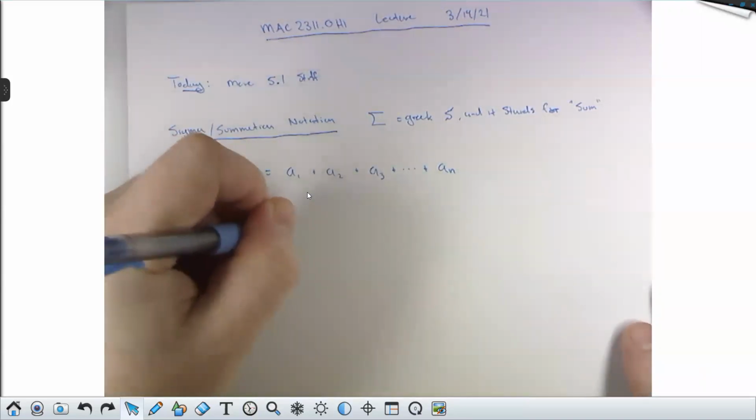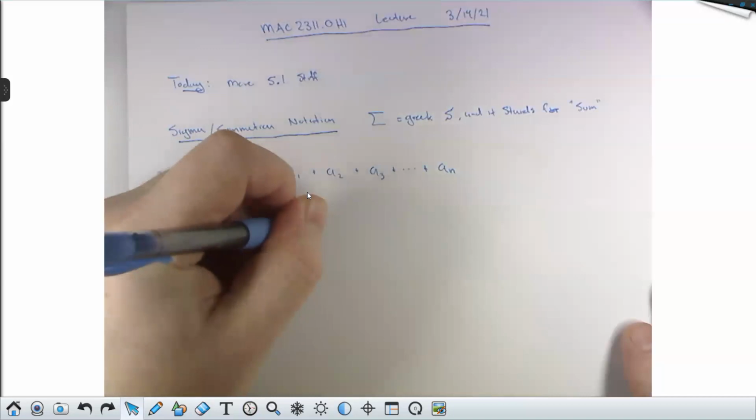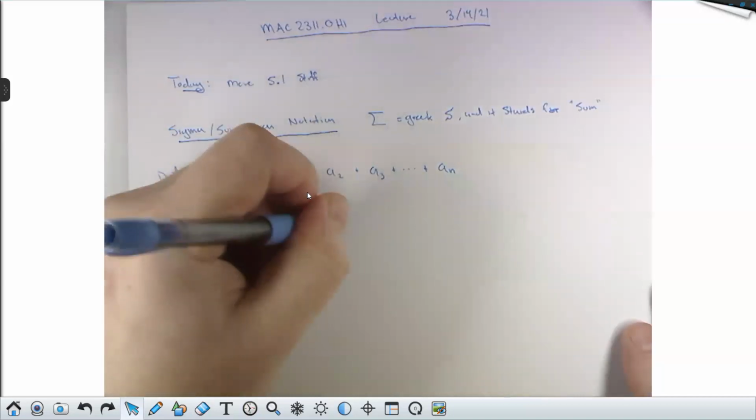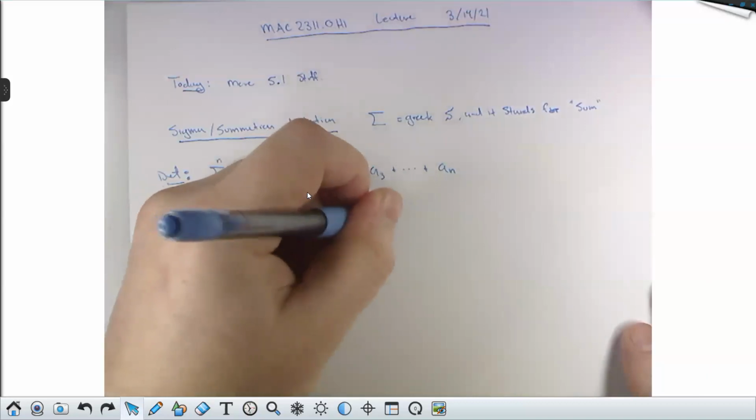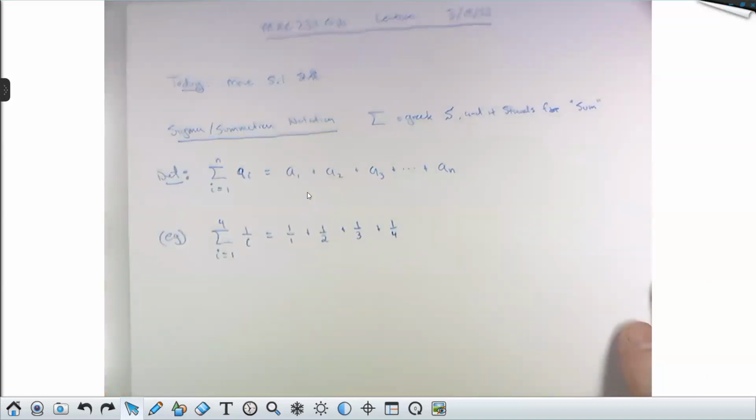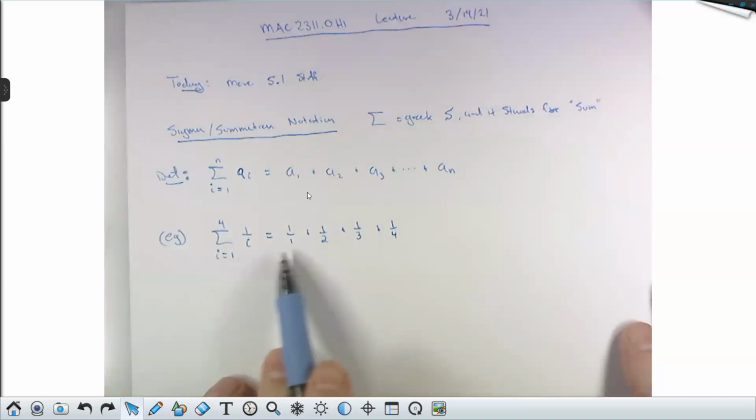This would be 1 over 1 plus 1 over 2 plus 1 over 3 plus 1 over 4. So it's just a more compact way of writing this longish addition problem. And it gets more and more useful the longer and longer the addition problem is.